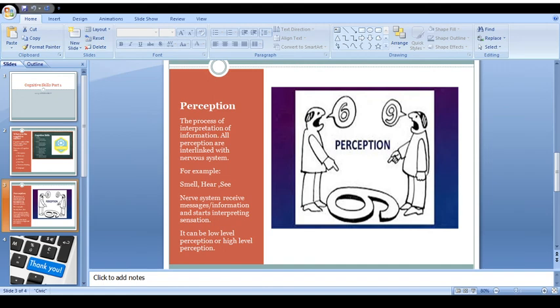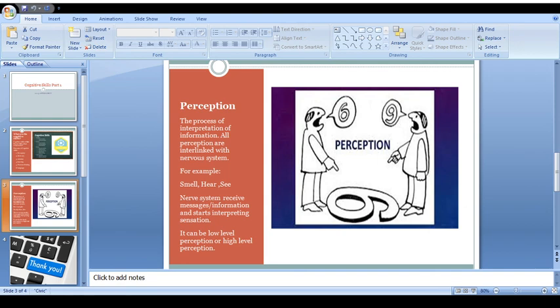Perception is the interpretation of information, and every individual has their own. In this skill, the students and every individual try to start thinking and extract the information.